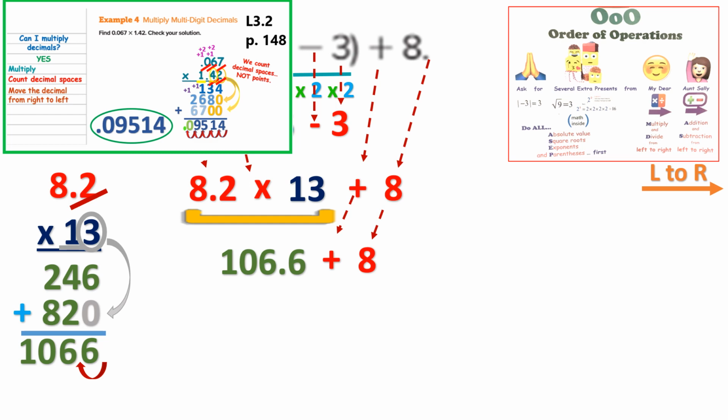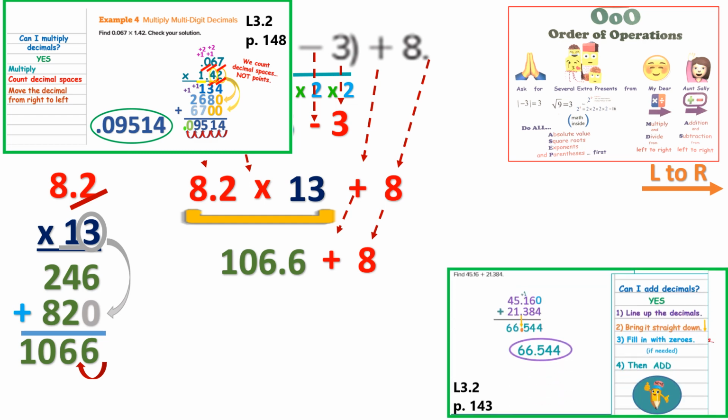How can I add decimals? Well, some of you still want to line up the 8 underneath the far right, and that's not what we do because we have to line up our decimals. And as you notice, the 8 doesn't have a decimal with it. So I'm simply going to add it, and we know, hopefully we know by now, that a decimal is always at the end of a number.